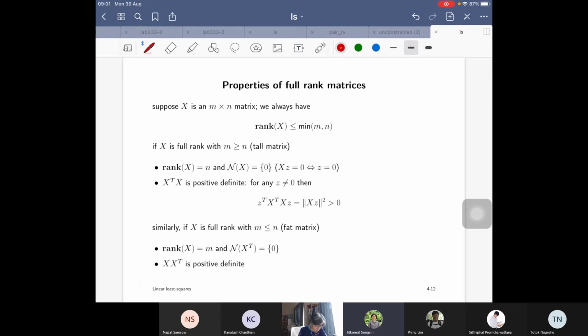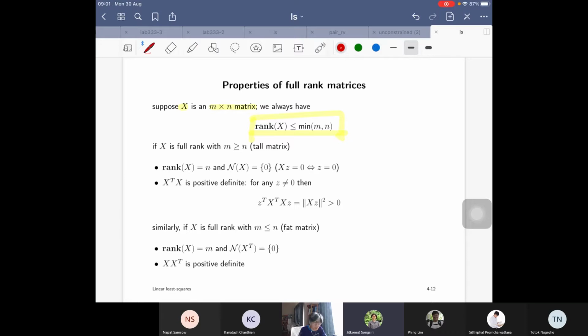As we recall, when you have a matrix x that is rectangular, m by n, arbitrary, it is a known result for any matrix that the rank of x is less than or equal to the minimum between m and n. What is the rank of the matrix again? Can someone recall?